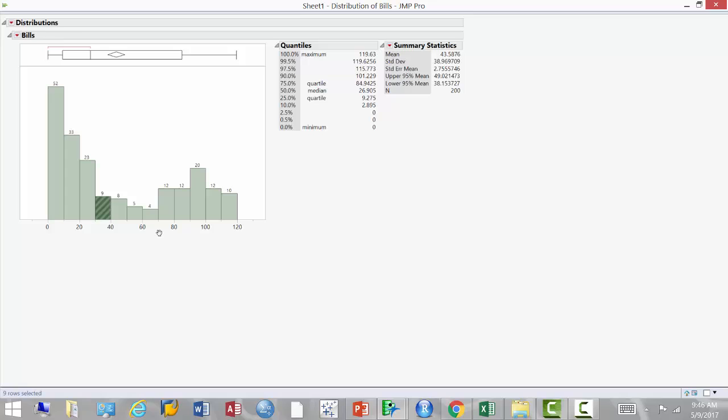So there is actually a formula called the Sturges formula, I believe, that defines the optimal or best number of bins to have.